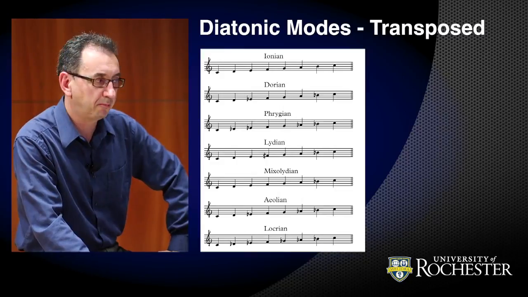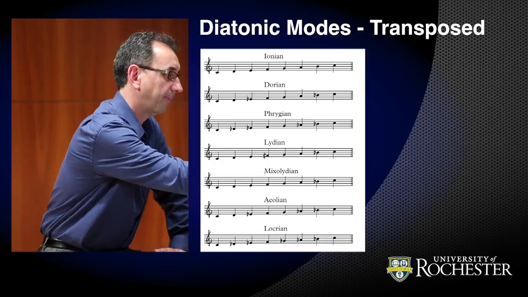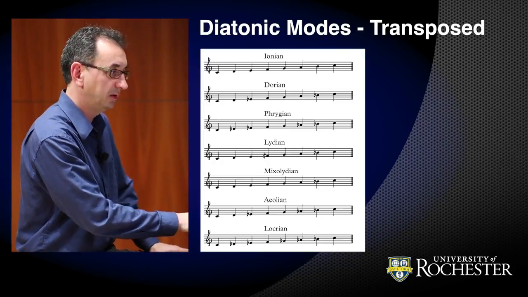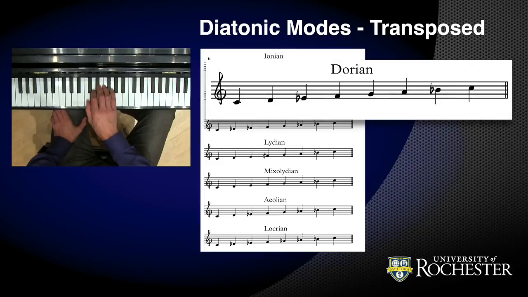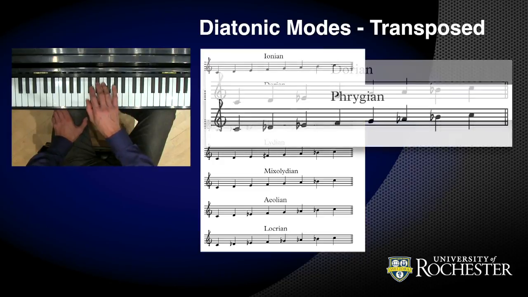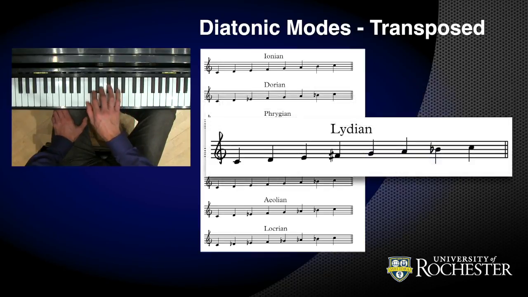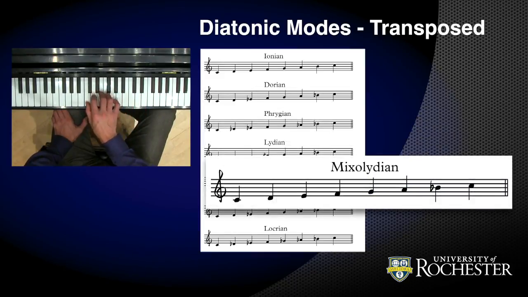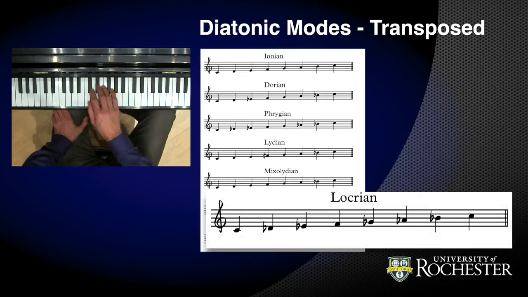On the screen, you can see the pitch structure of 7 diatonic modes beginning on C. Okay, so now the Ionian mode, it's still from C to C. Now Dorian mode transposed to C. Phrygian mode transposed to C. Lydian mode transposed to C. Mixolydian transposed to C. Aeolian, and finally Locrian.